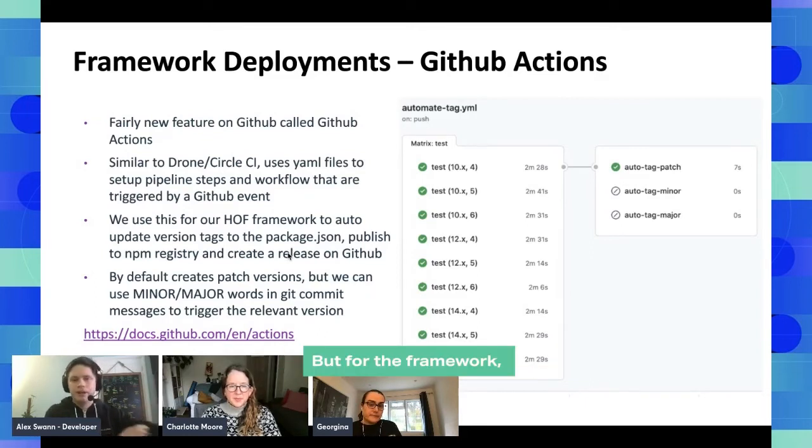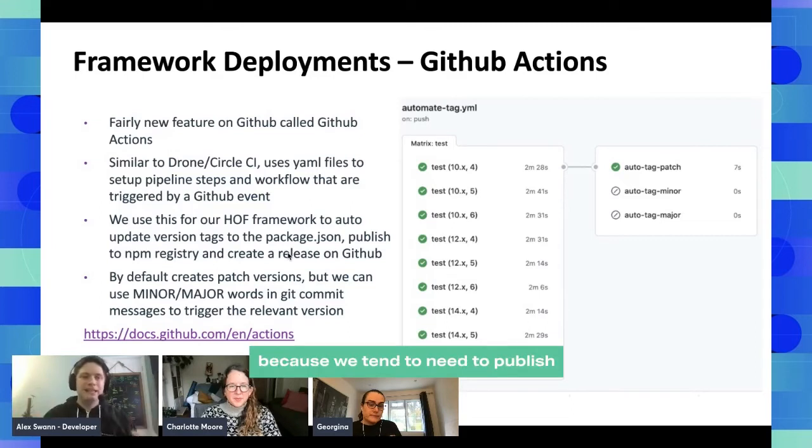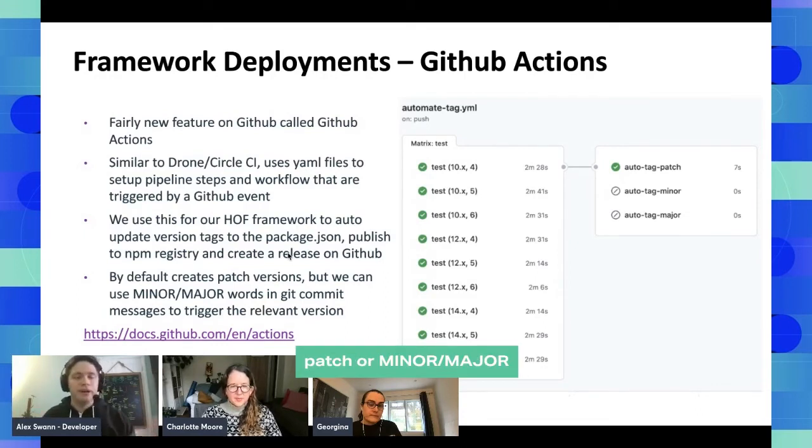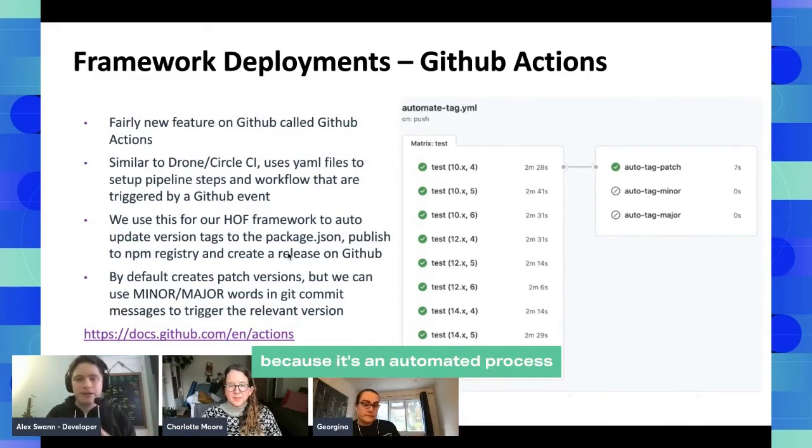But for the framework, because we need to publish an npm module of it, which then gets used as a dependency in our projects, and that's where all the Drone IO stuff happens, at the moment, to ensure we're constantly tagging the repository with patch, minor or major versions, and at least setting up a default release note, which admittedly at the moment, because it's an automated process using GitHub Actions, doesn't contain anything.